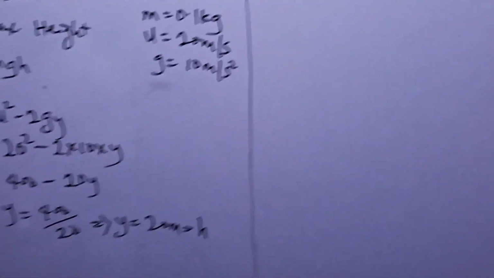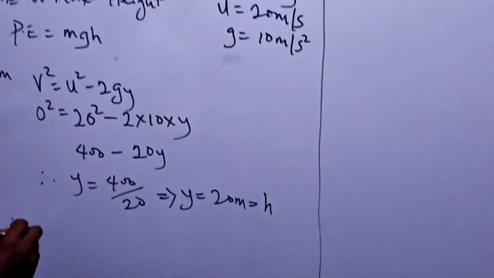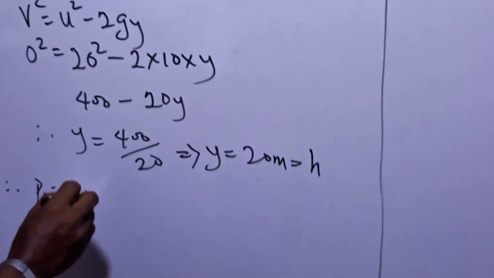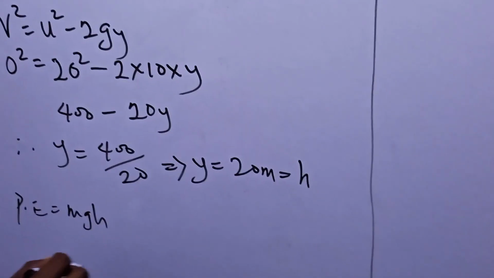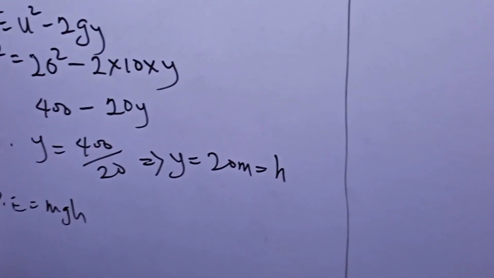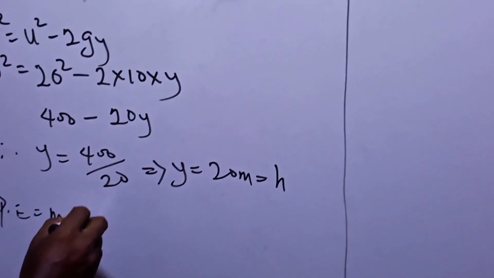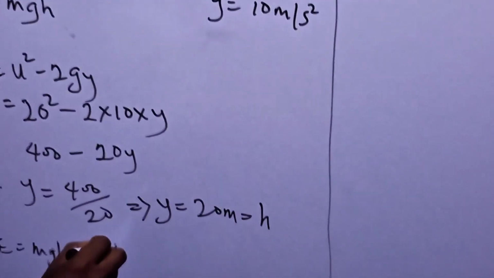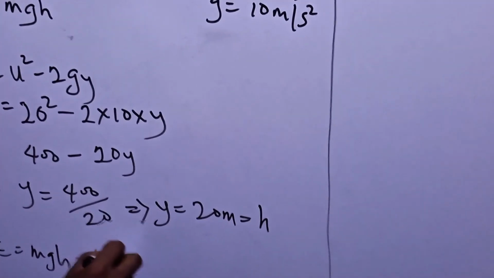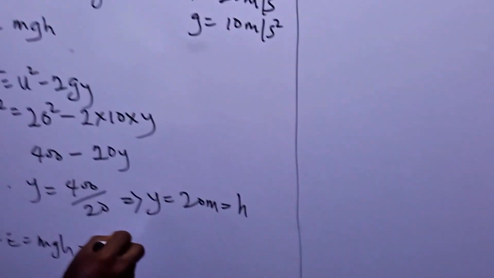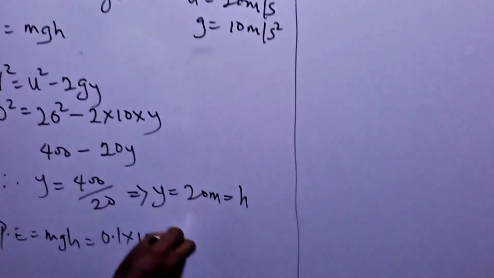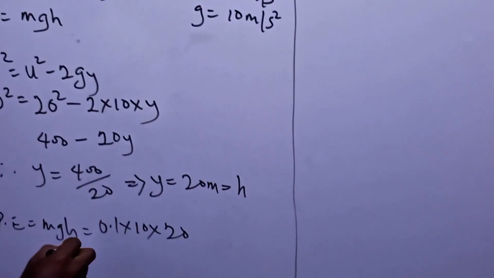Therefore, from the equation, potential energy equals mgh. That's mass times acceleration due to gravity multiplied by height. We substitute values. The mass here is 0.1 multiplied by acceleration due to gravity, which is 10, multiplied by the height, which is 20.